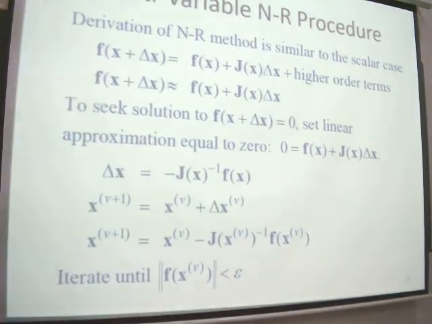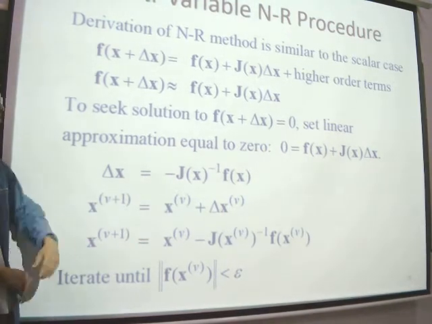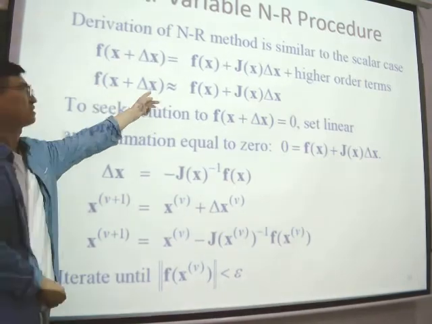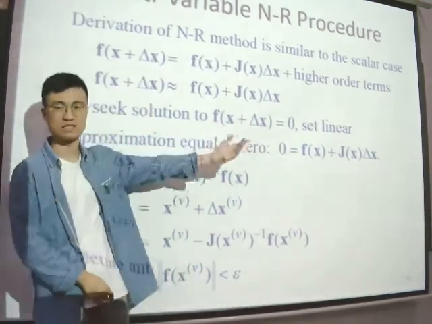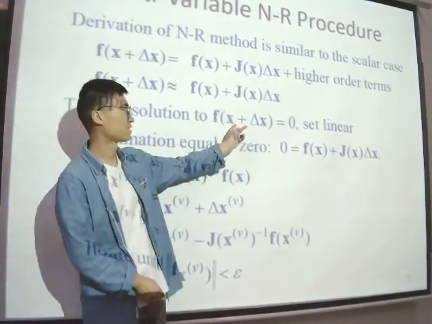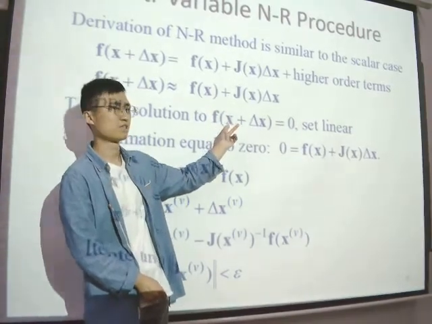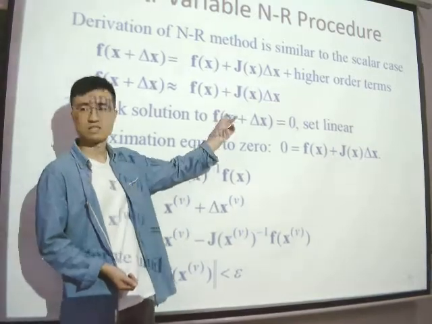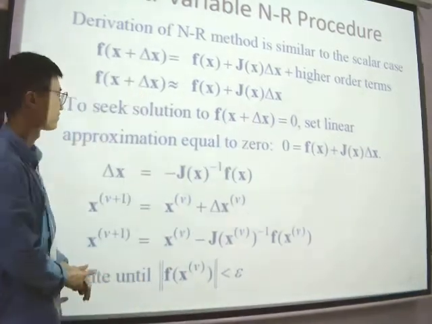The solution of our Newton-Raphson method is to get the correct answer when f(x) is equal to 0, the same as in the scalar case. In the scalar case, f(x) is equal to 0, and here it is a matrix. There may be multiple variables in each function, but this is also equal to 0.